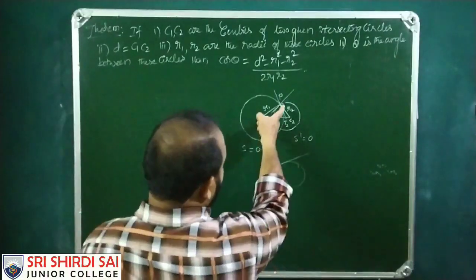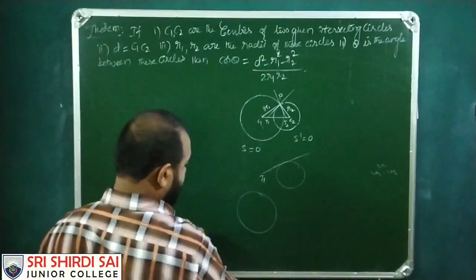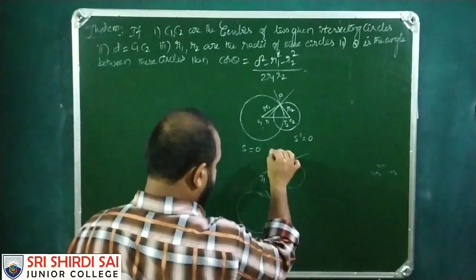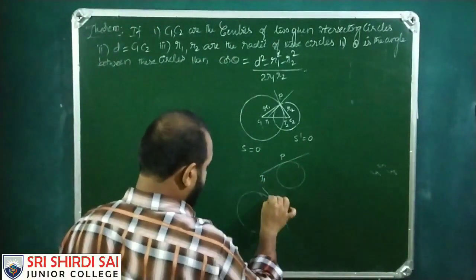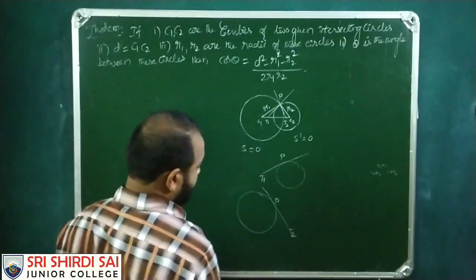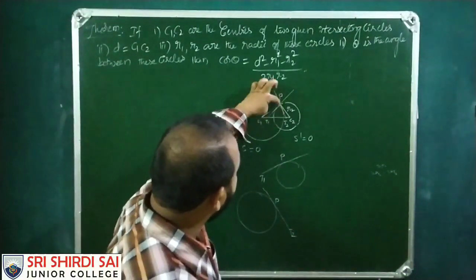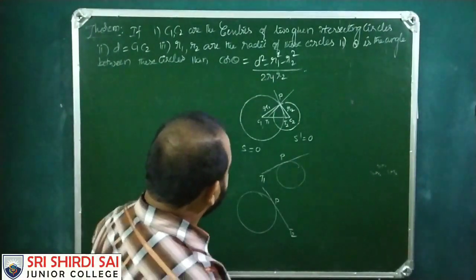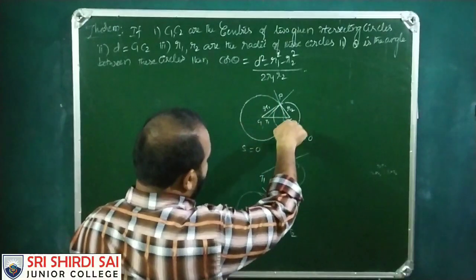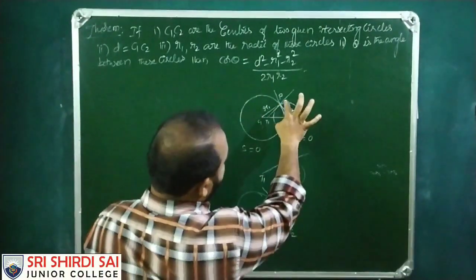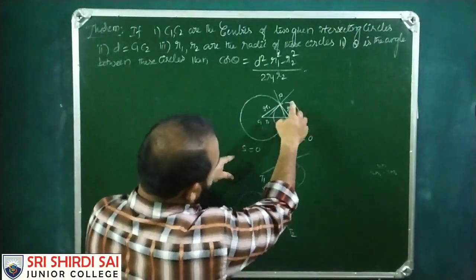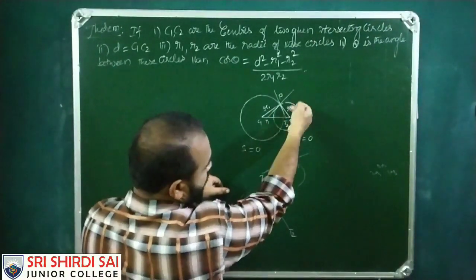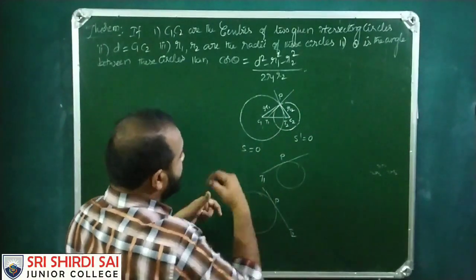And for this big circle, this is the tangent at this point P. So PT2 is the tangent drawn to the big circle, and PT1 is the tangent for the smaller circle.